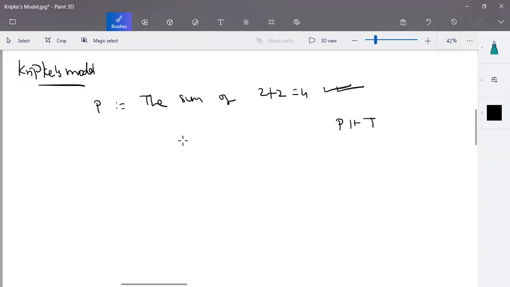Similarly, let me take one more statement: there are 9 planets in the solar system. I assign this statement to Q. Now consider the statement. As of now, Q is true.